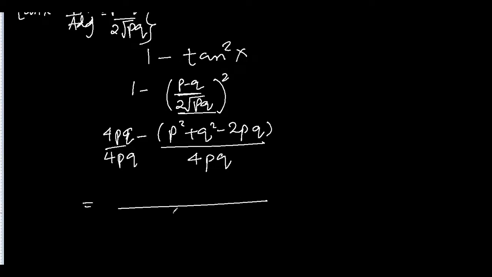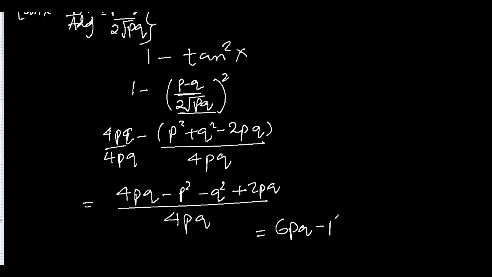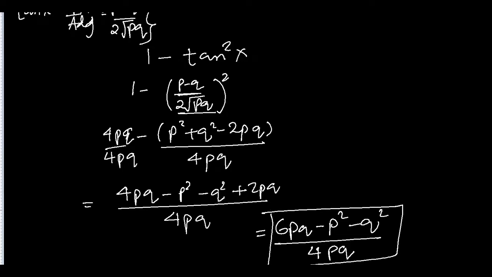So the denominator is now 4PQ, and we are left with 4PQ minus P square minus Q square plus 2PQ. Okay, so nothing is getting cancelled out. So the final answer will be 6PQ minus P square minus Q square over 4PQ. That's the final answer.